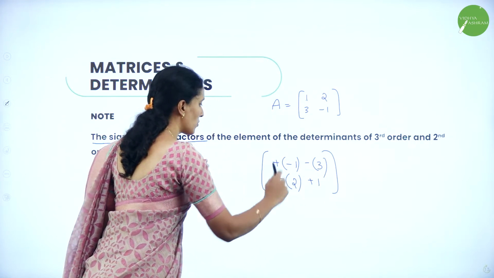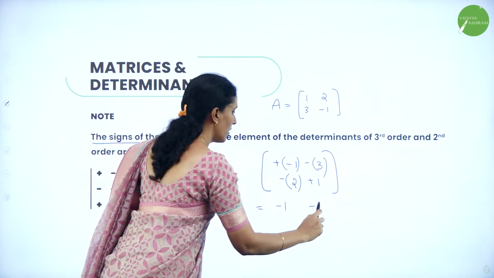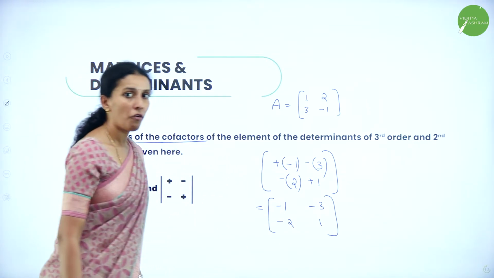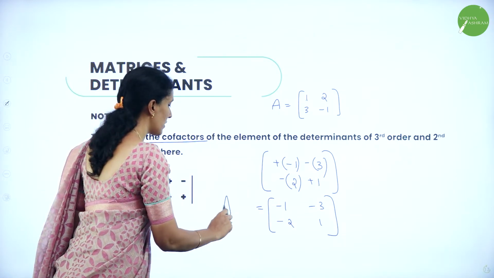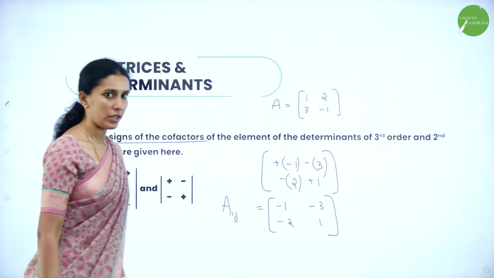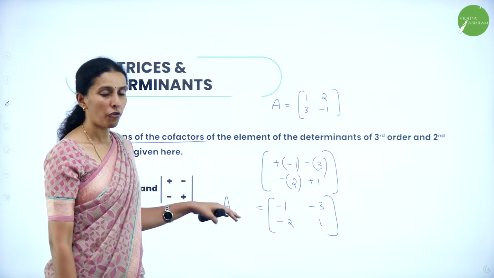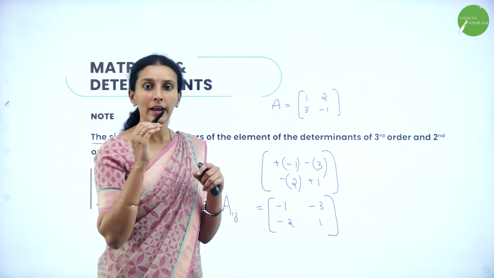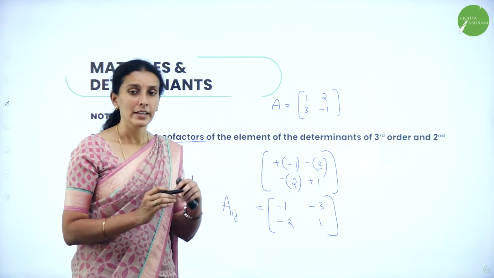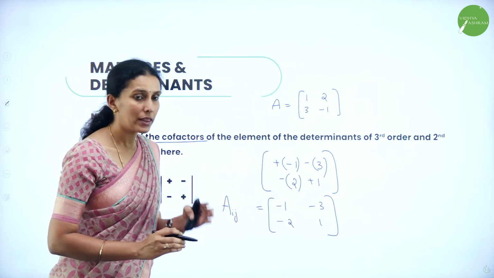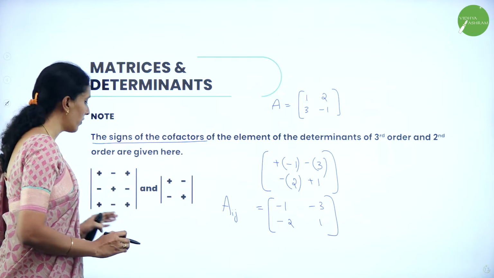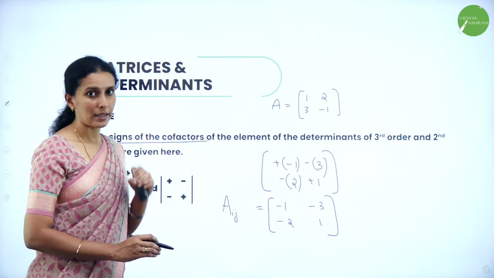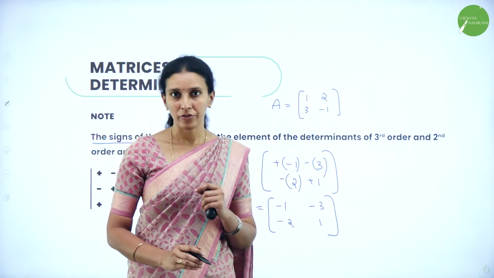So the new matrix obtained is minus 1, minus 3, minus 2, 1. This is called the cofactor matrix. That is, writing the minors of the elements of a matrix in another matrix with the signs, for a given 3 cross 3 or 2 cross 2 matrix, is nothing but a cofactor matrix.